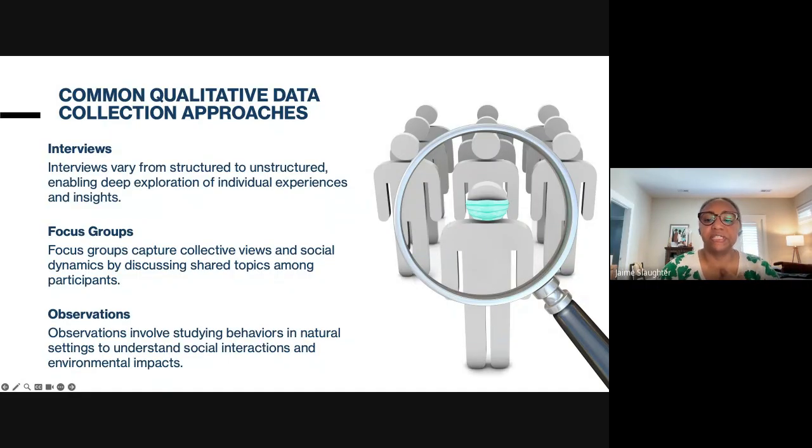A strength of interviews is that they are very flexible, and they allow the interviewer to build trust. But a limitation is that they can be time consuming, and they may not be suitable for capturing group dynamics or group experiences. That's where focus groups and even observations may be better suited in social epidemiology.